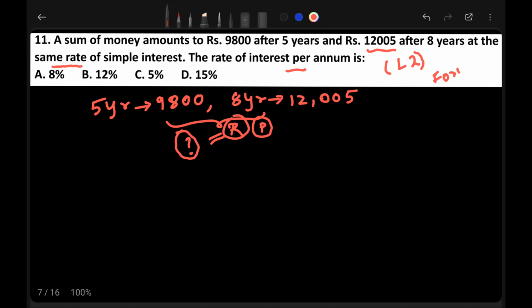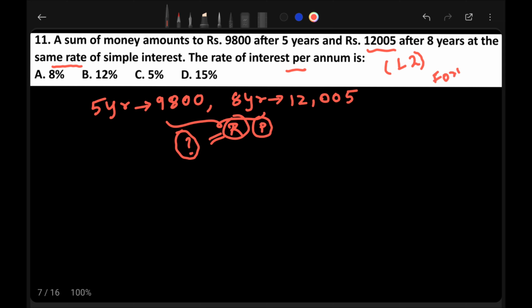Look, for 3 years how much extra is being earned? 12,005 minus 9,800 gives me 2,205, right? Now for 1 year how much extra is earned? 2,205 by 3, which is going to be 735.